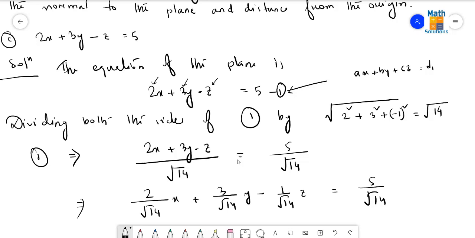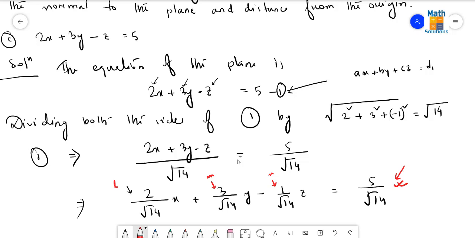So whatever form I got just now, this is getting converted to the direction cosines. This is the first direction cosine, we can consider this to be l. This is the second direction cosine m, and this is the third one, n. And the distance from the origin that is asked here is this one.